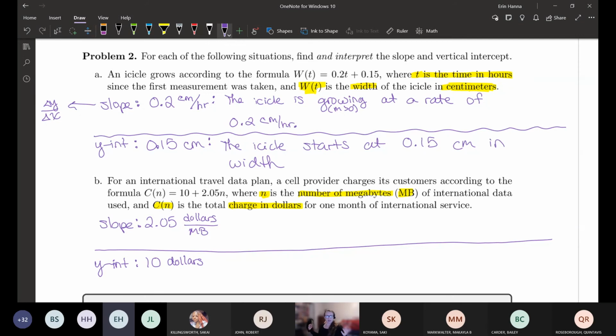If we want to interpret these, the slope is the rate at which the function is growing or decreasing.